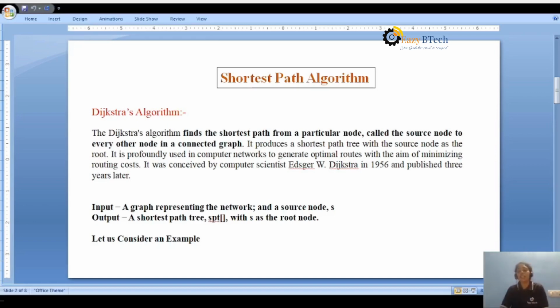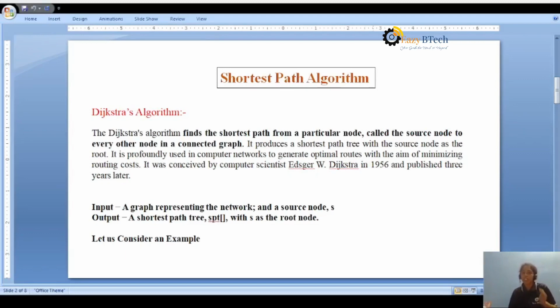So let us take one example of how we can find the best route by using Dijkstra's algorithm.